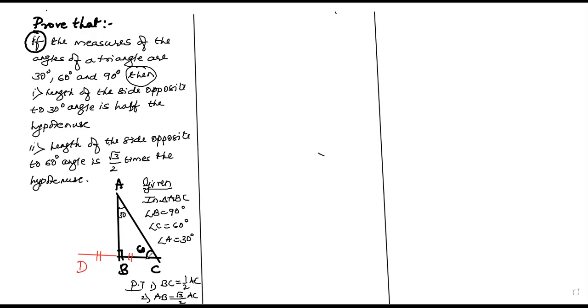Whenever a midpoint exists, we can bring a half, BC is half CD. But I have to prove BC is half AC, so I will show CD and AC equal later. But I can show CD and AC equal when I join AD also, so that I can see one big triangle ADC. In that I can try to show AC and CD equal.